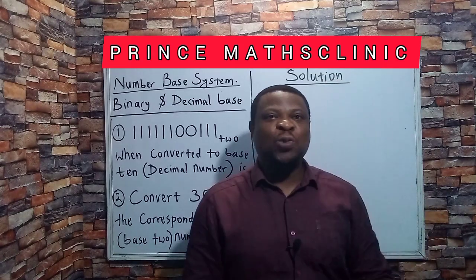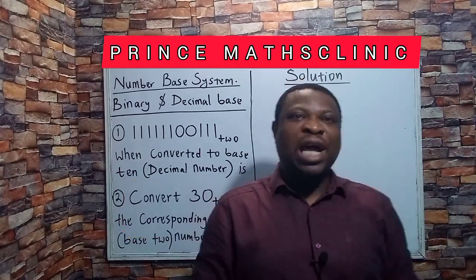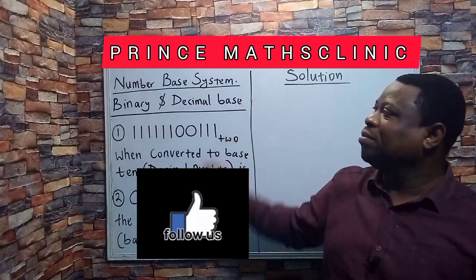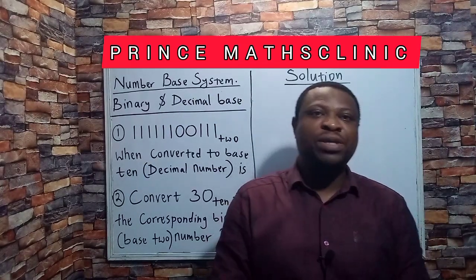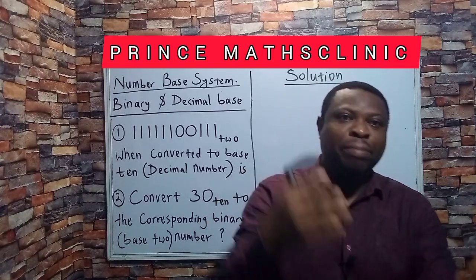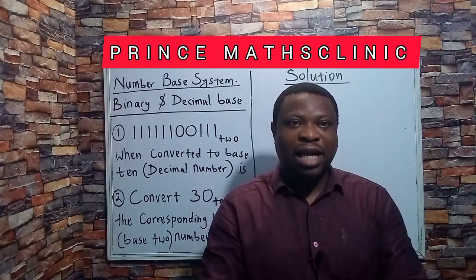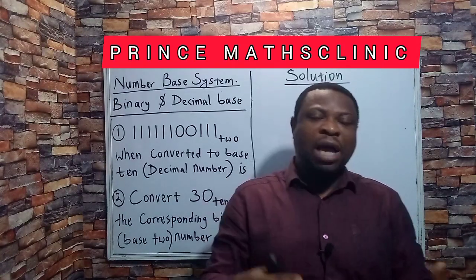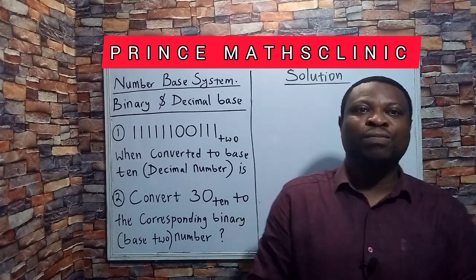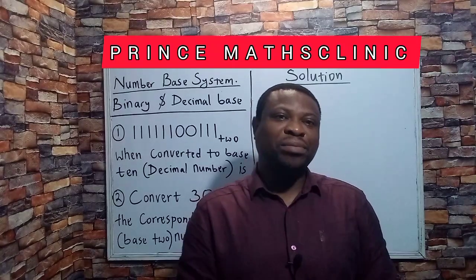It's my pleasure to welcome you to class today, and today we shall be considering the number-based system, and our focus shall be conversion between the binary base and the decimal base. When we say binary base, we simply mean base 2, and when we say decimal base, we mean base 10.